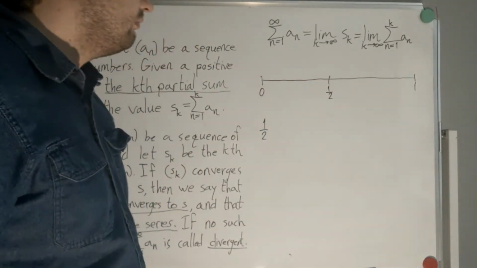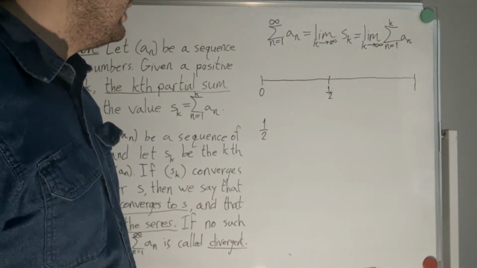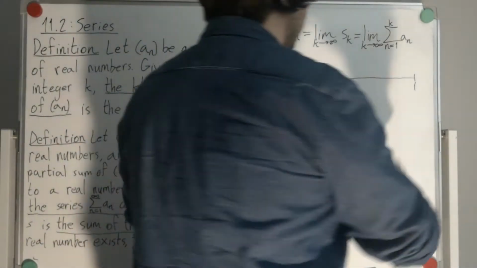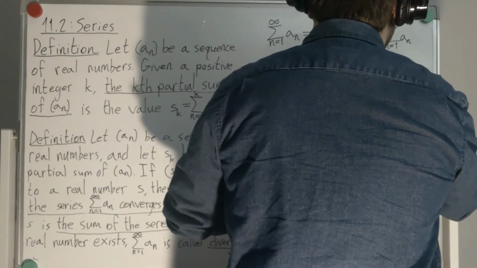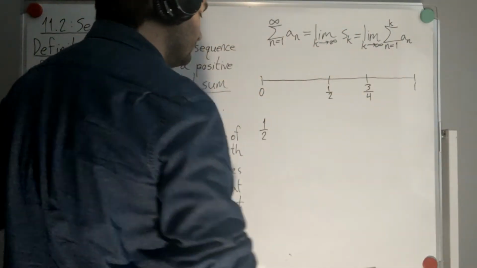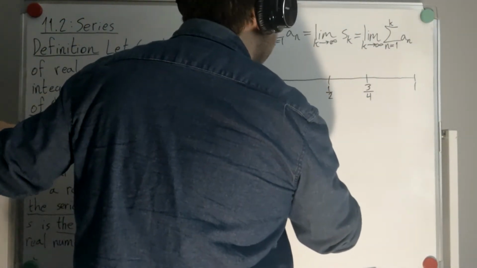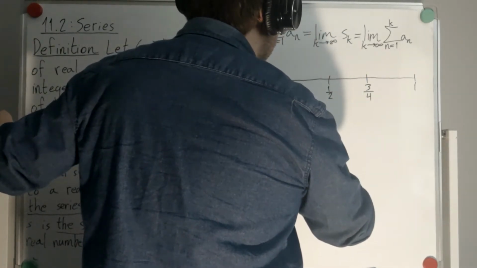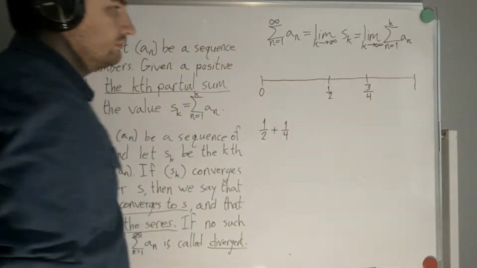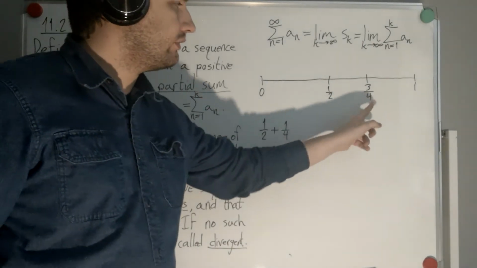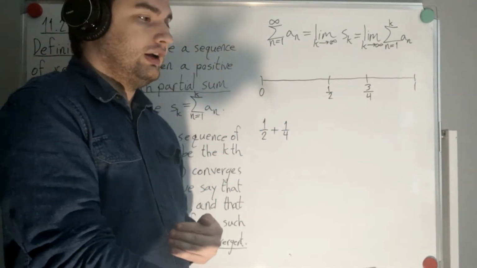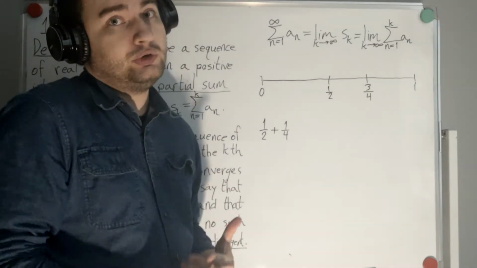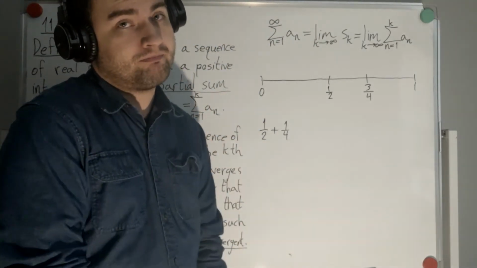Well, you're going to have to halve the distance between yourself and 1 once again, so you'll get to 3/4. And that's going to take you 1/4 of a second, because you're moving from 1/2 to 3/4, that's 1/4 distance, at a speed of 1 unit per second.